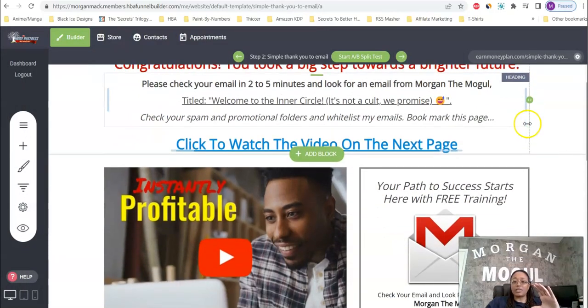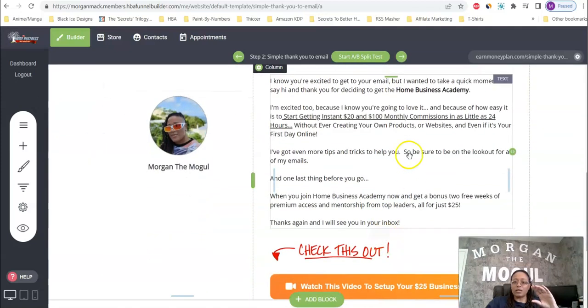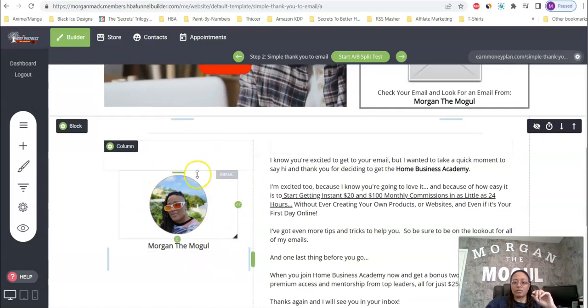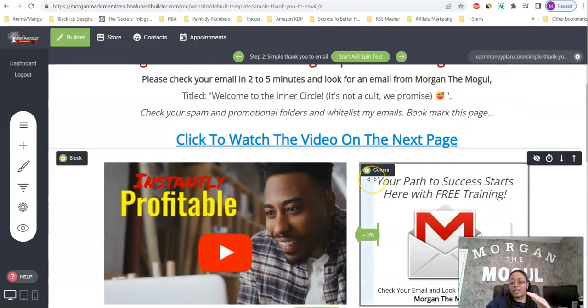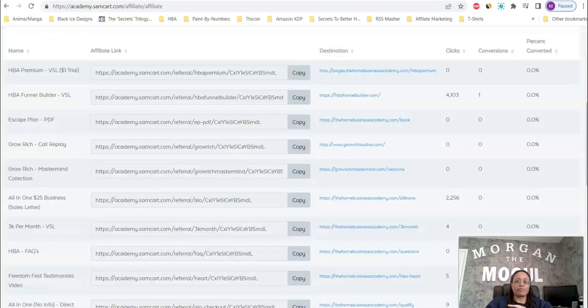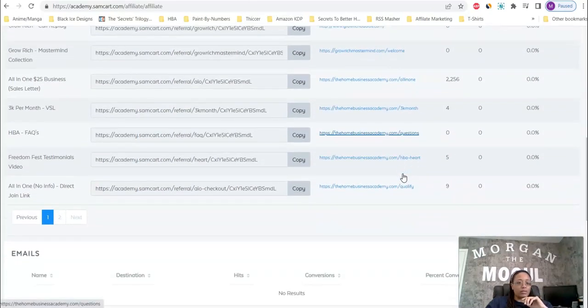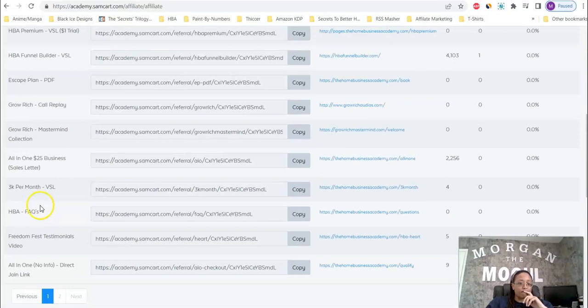So this is the bridge page. There's a video on there, a little note and a mission from me, and a picture. The idea behind this is, again, we're building know, like, and trust and rapport and things like that. And then the sales page that we were just talking about, let me pull it up. Is this one here.